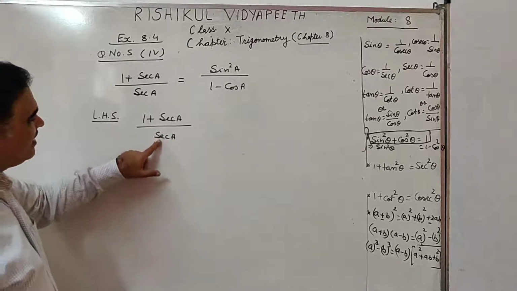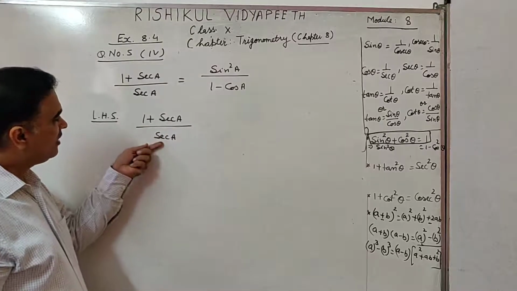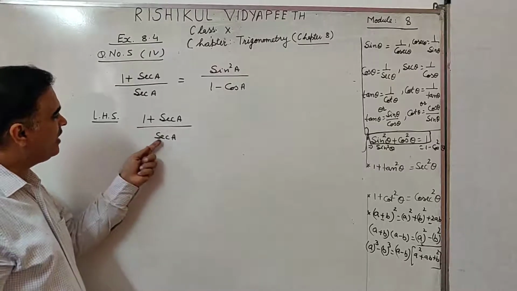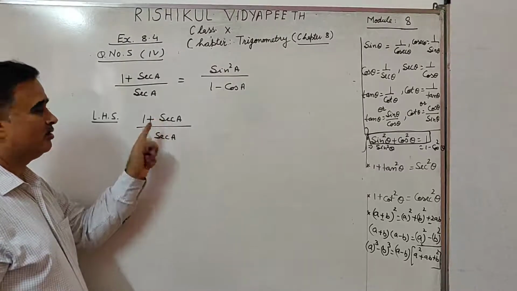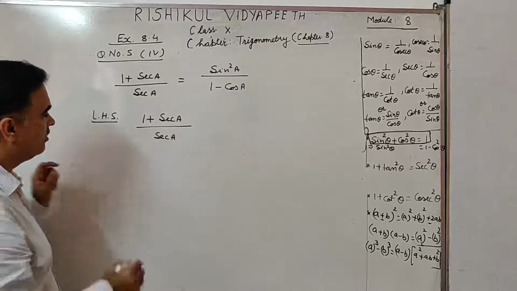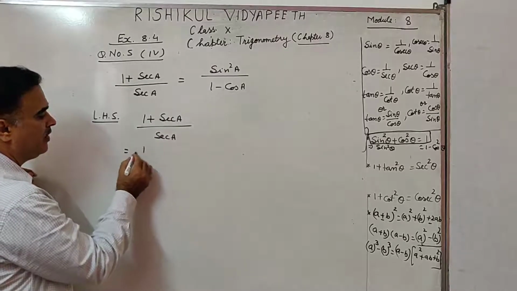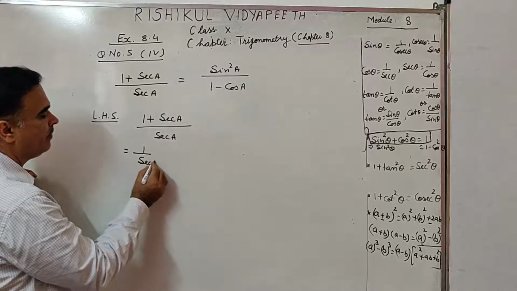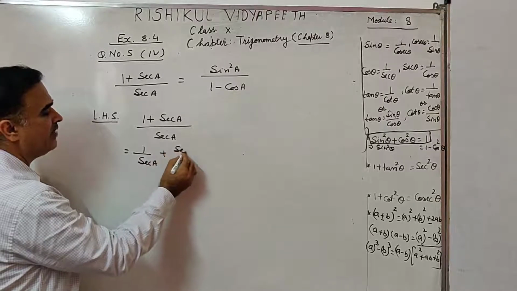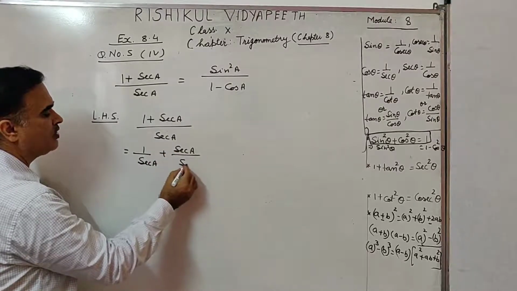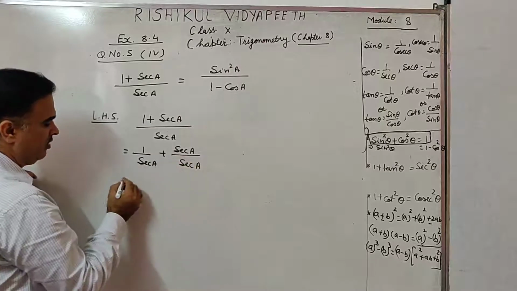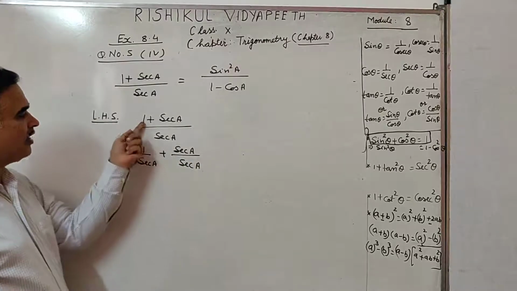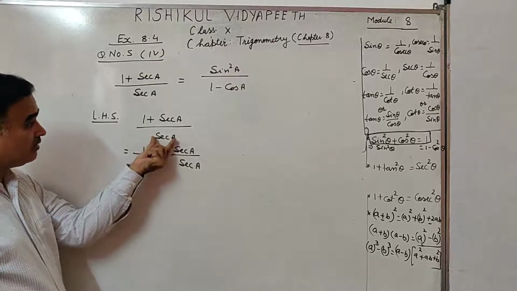You all know this sec A is the denominator for 1 also and the denominator for sec also. Then we can separate it. So what can we write? We can write 1 upon sec A plus sec A upon sec A. If you take LCM, again you will get this.